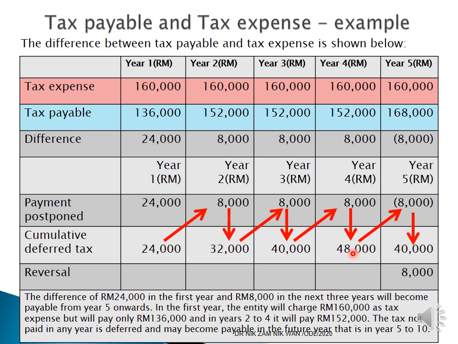So your deferred tax balance at the end of year 4 is 48,000, but at the end of year 5 it will be 40,000. Okay, so do you understand what deferred means? Deferred means you have not paid yet in the current year, you defer to the future year. So when there is a time where your tax payable will be more than your tax expenses, at that time you will use your deferred tax.